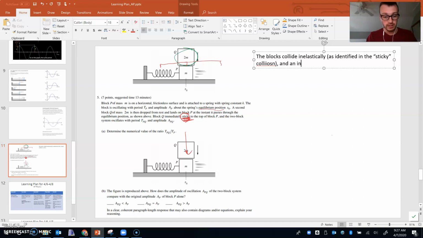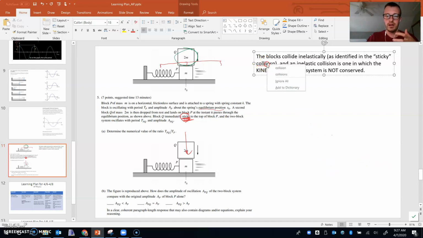And an inelastic collision is one in which the energy, actually let's be more specific, kinetic energy of a system is not conserved, right? By the very process of sticking together, there's going to be some energy loss, whether through deformation because they're sticking together, or maybe some friction, something in there.